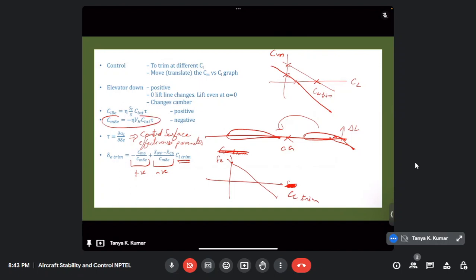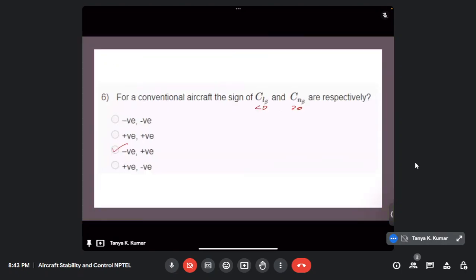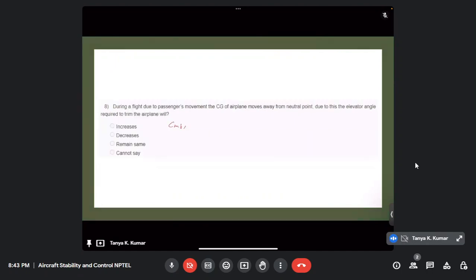Cm delta E is minus eta VH Cl alpha tail into tau. So let's go write that. So Cm delta E is minus eta VH Cl alpha tail into tau, right? So does any term here depend on the Cg?